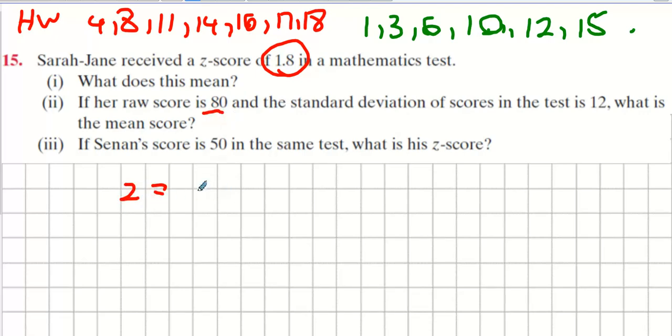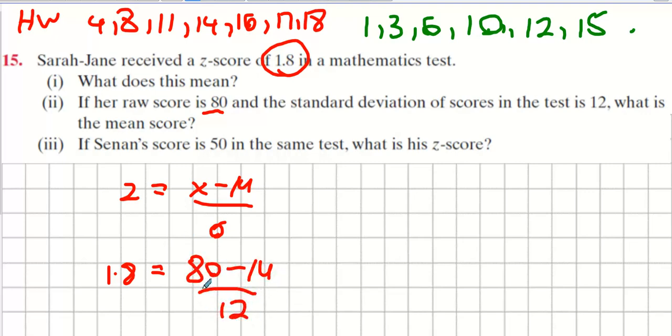So here's your z score formula. Okay. And what we're going to say is z is 1.8. X is what we're after. Oh, sorry, X is 80. Lads, X is 80. The mean is this. And the standard deviation is 12. What's 1.8 times 12?